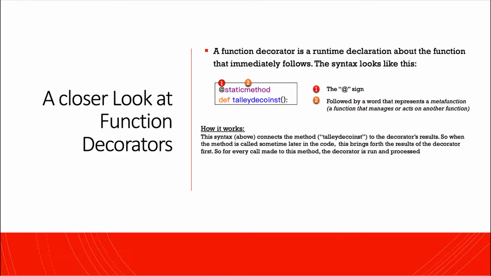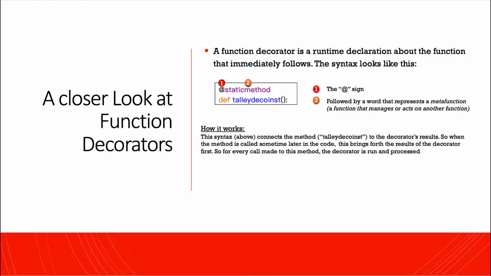So let's take a deeper look into what decorators are before we start to leap into the code. A function decorator is a runtime declaration about the function that immediately follows. The syntax looks like this. We have the @ sign followed by a word that represents a meta function, a function that manages or acts on another function.